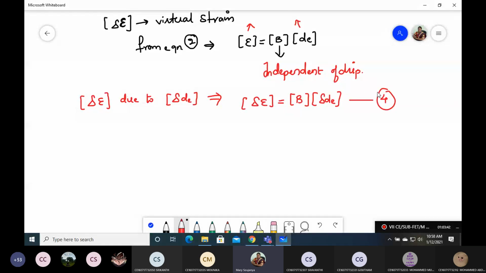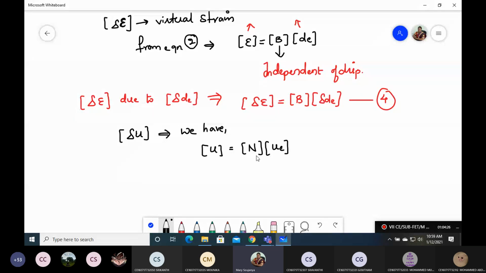Got the point here? Now what is the next one we have? We have a new term: the virtual displacement at a point U. To reach this, first we have the U matrix. Displacement at any point is equal to shape function into nodal displacement matrix.